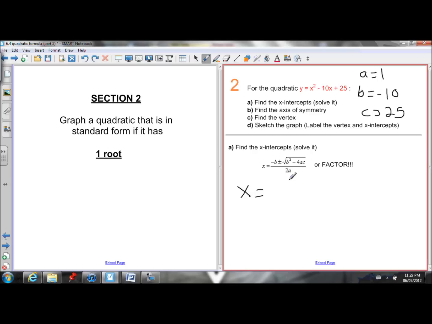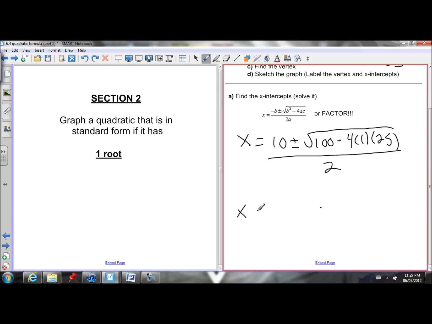All right, so x equals negative b. Negative 10 is just 10, plus or minus the square root of negative 10 squared, that's 100, minus 4 times 1 times 25, all over 2a. 2 times 1 is 2. Okay, so x equals 10 plus or minus.